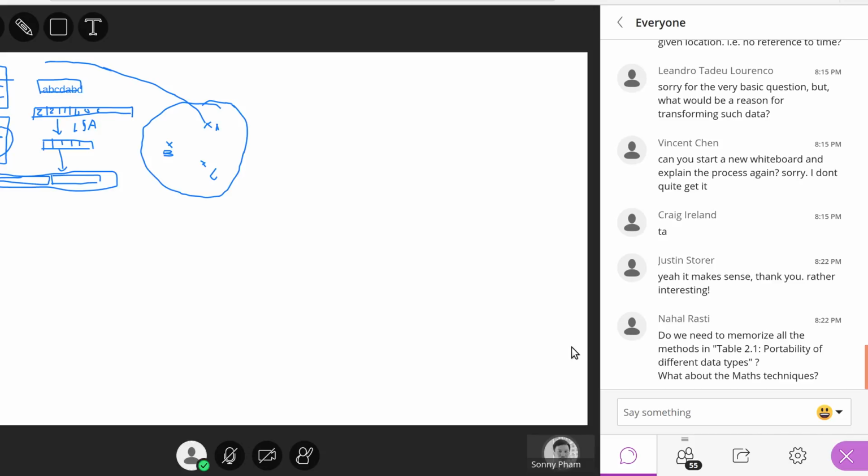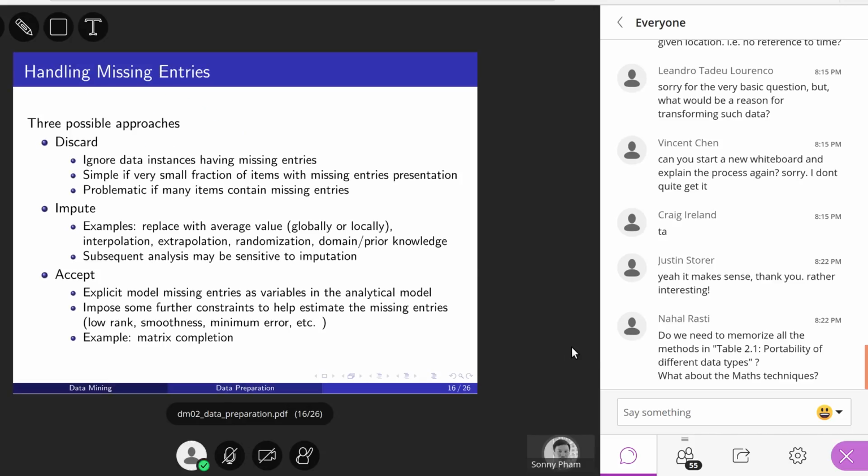Okay, let's move on to the topic of handling missing entries in data mining. As you might come across examples where there are missing entries, what we can do with them is either discard them, impute them, or accept them, depending on what you are going to do.